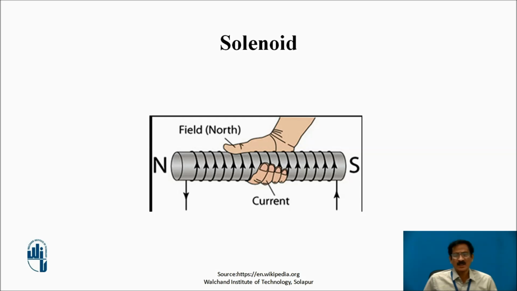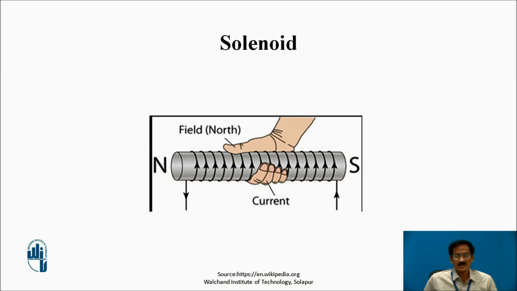This direction of arrow indicates the direction of the current. So in the case of a solenoid, the direction of the current is circular and the flux induced is in a straight line manner.